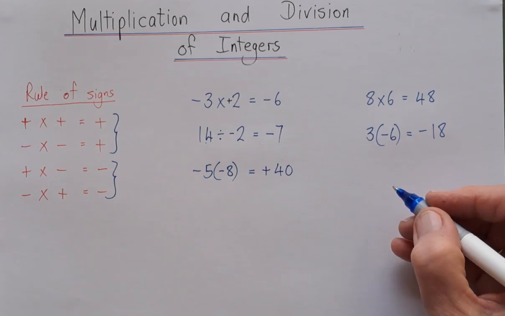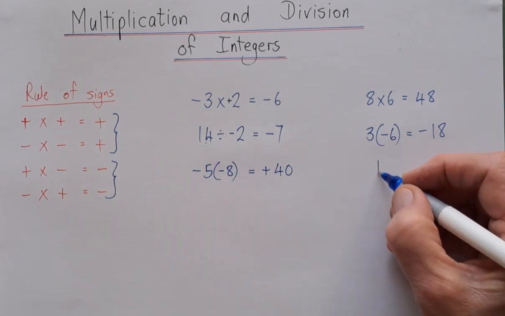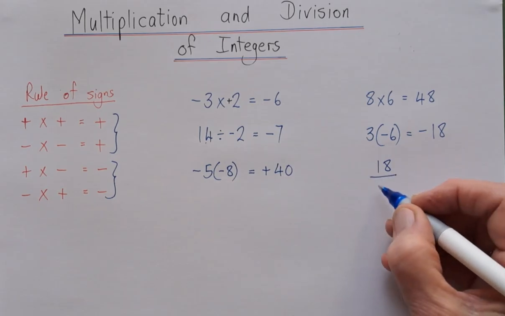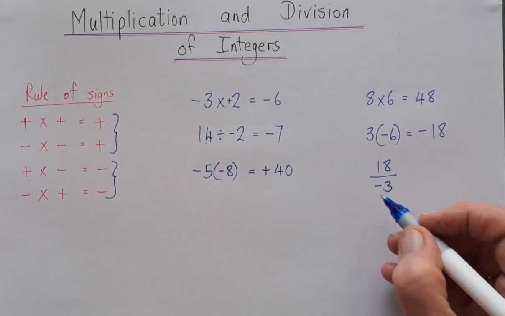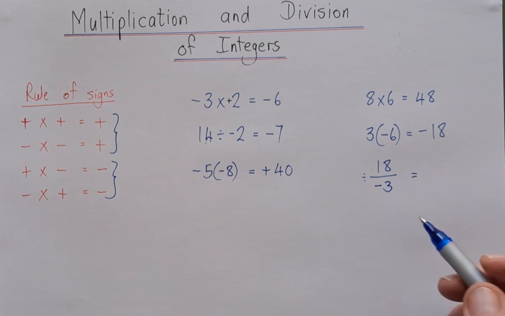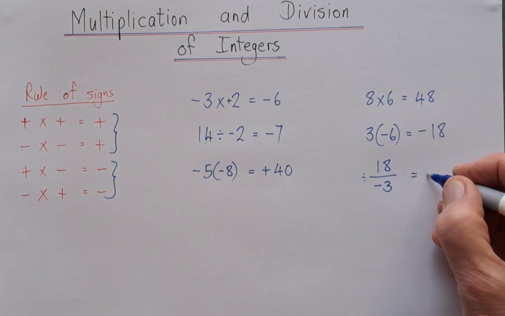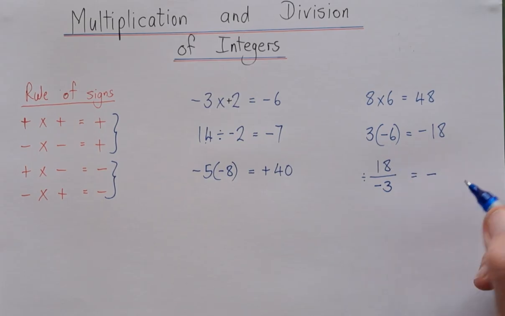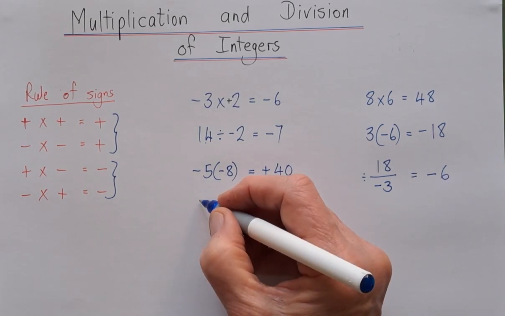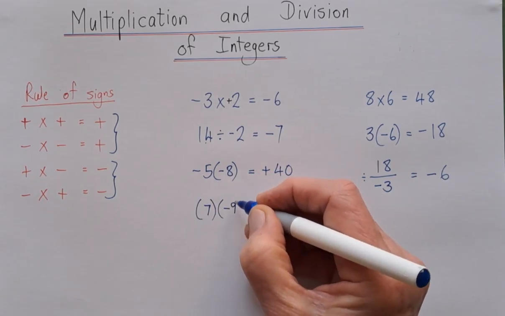I can also write division in another way. Instead of using a division sign, I can say 18 over negative 3. Remember that little line means division. So sign divided by sign, positive divided by negative is negative. 18 divided by 3 is 6. I can also put both numbers in their own brackets.